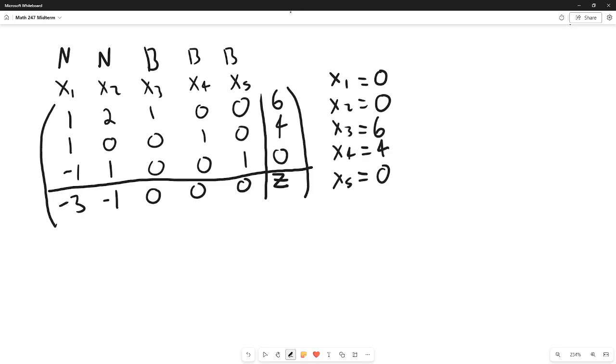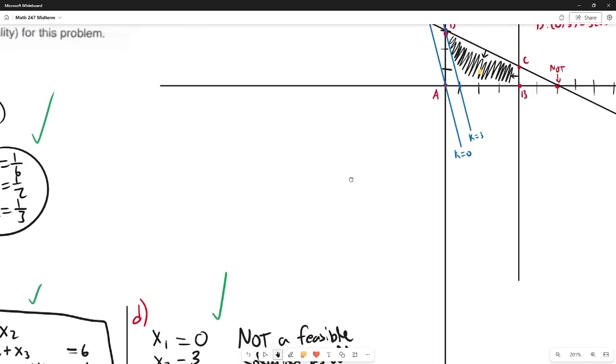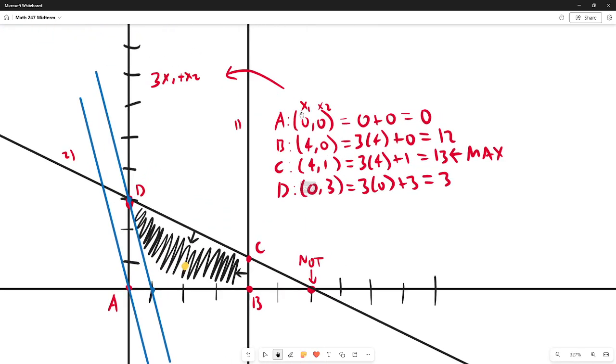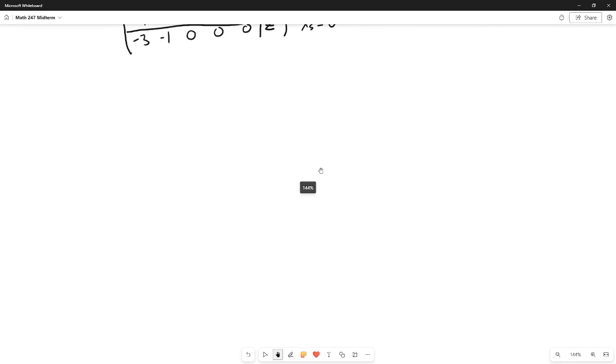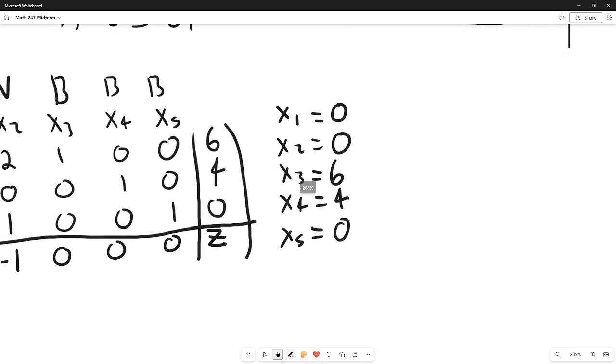But is this solution one of the extreme points? Well, we have x1 is equal to 0 and x2 is equal to 0. So let's check. We see A is 0, 0. So this is the solution for point A. We can find the value of this by remembering this portion down here.